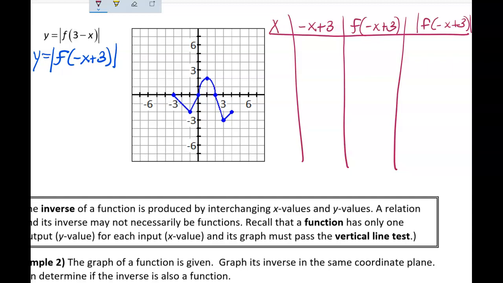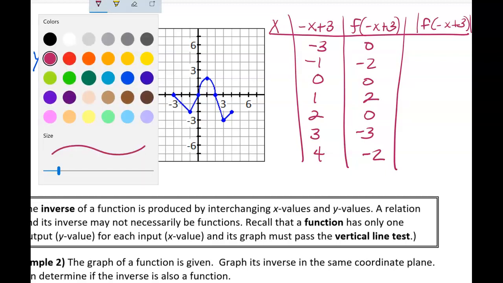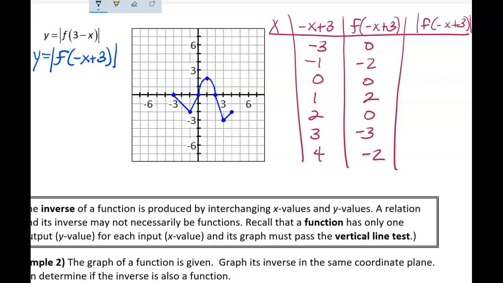All right, parent function points go in the middle columns. Negative 3, 0, negative 1, negative 2, 0, 0, 1, 2, 2, 0, 3, negative 3, and 4, comma, negative 2. All right, let's think about those inputs first, because that's probably going to be our hardest thing to do. We have two input transformations to worry about here.